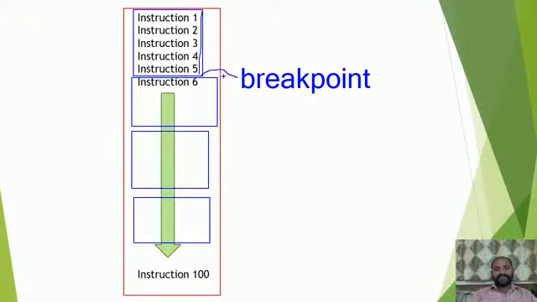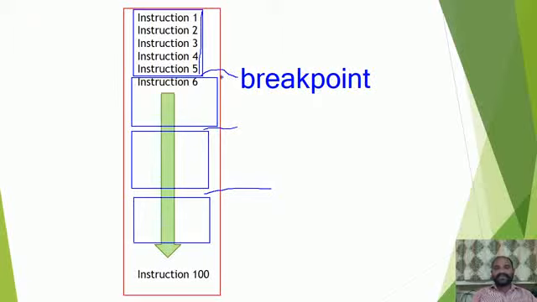If some key has been pressed on the keyboard, then I'm going to make use of another breakpoint. I'm going to insert one more breakpoint over here, and so on. So wherever you insert the breakpoints, the instructions between those breakpoints get executed at a time. If there is no error, then you can continue with the next group of instructions.